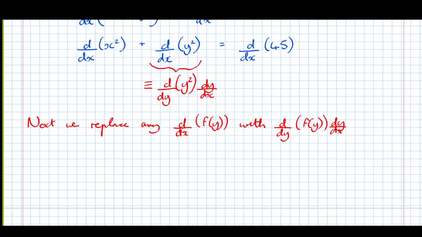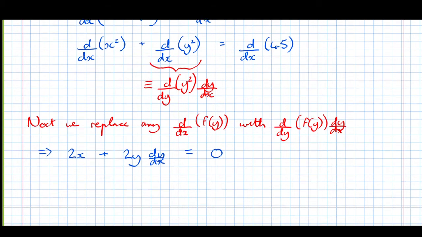So now let's carry on with this differentiation. So this implies that, differentiating that with respect to x, we get 2x plus, now performing this trick here, we differentiate with respect to y, which gives us 2y, then multiply by dy by dx, like that, equals 0. And there we've done it. We've differentiated a function of both x and y with respect to x.